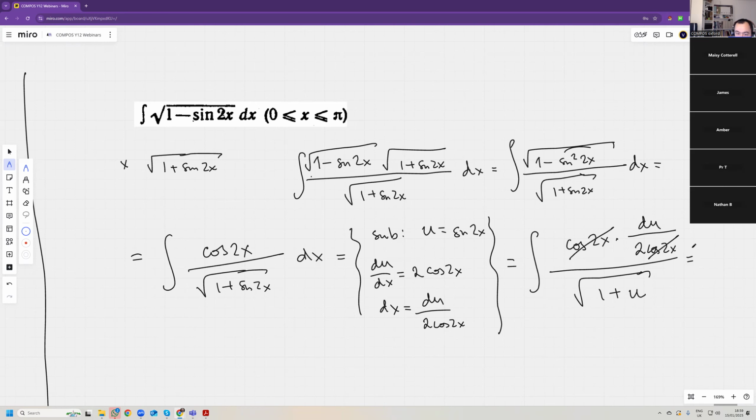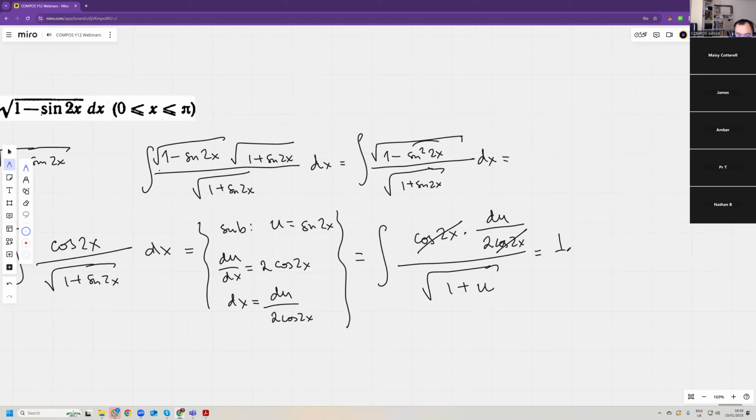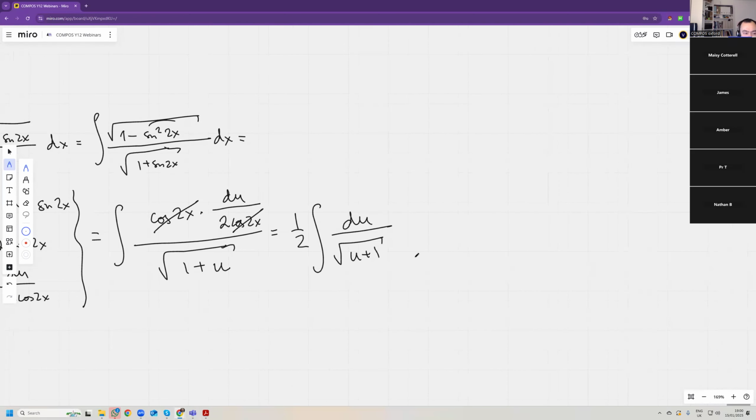So it's 1/2 the integral of du over the square root of u plus 1. Now, I'm going to do a trick. You can do a substitution, but I'm going to do a trick. I'm going to say this is 1.